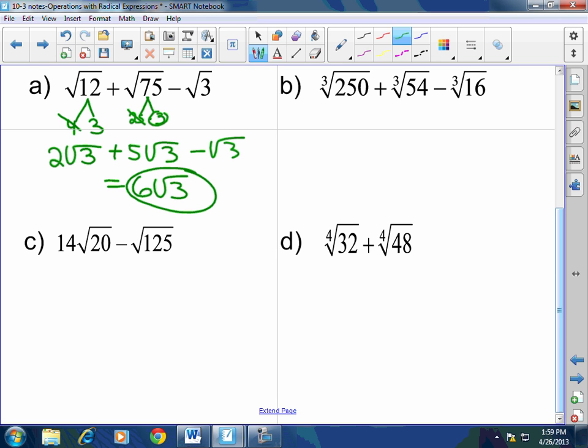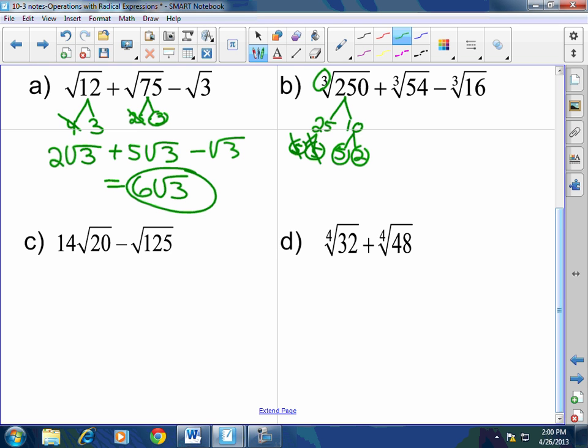Very good. Now, remember how I told you that the index tells you how many to pull out? How many do I need in this cube root to pull out one value? You need 3. So let's check this out, guys. This is 25 times 10, 5 times 2, and 5 times 5. You with me?